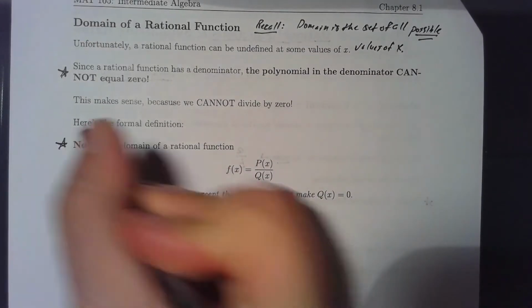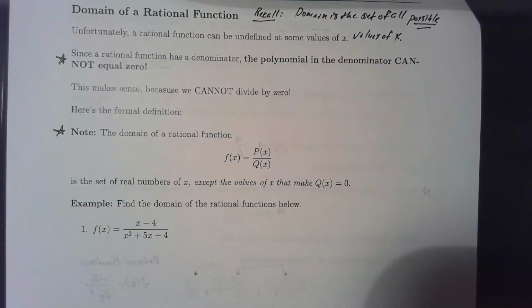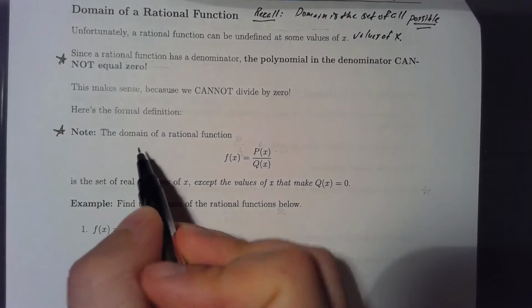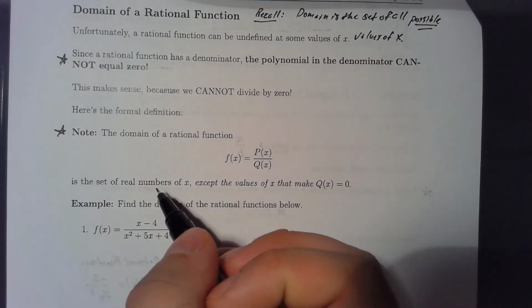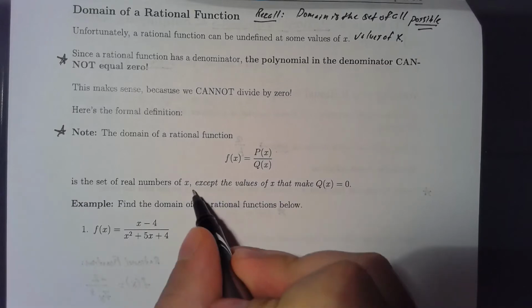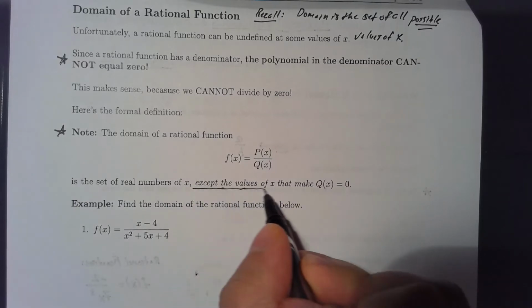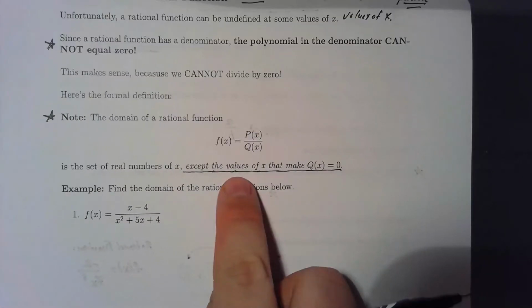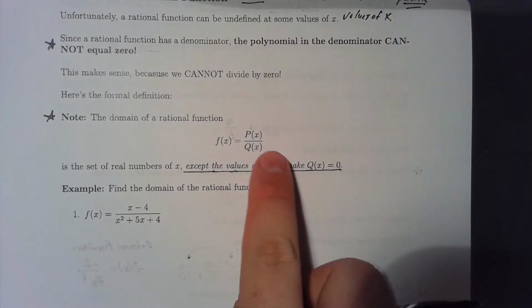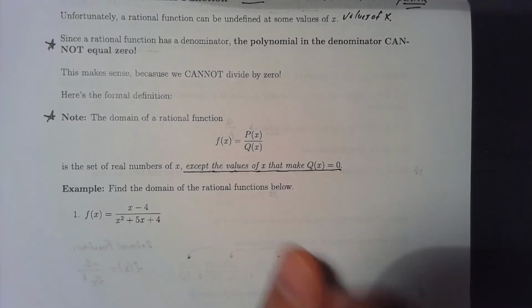So that leads us to the following note or definition. The domain of a rational function, which is this, is the set of real numbers x. And here's the thing to remember, right here: except the values of x that make q of x equal to 0.